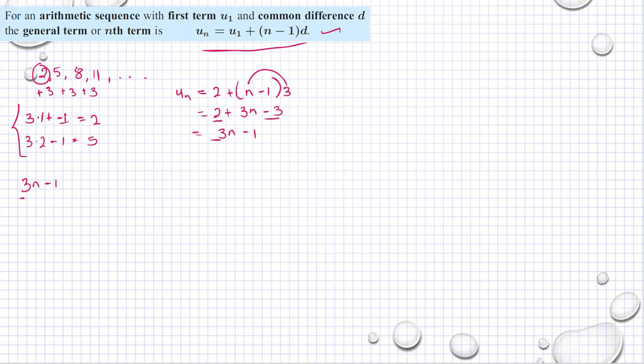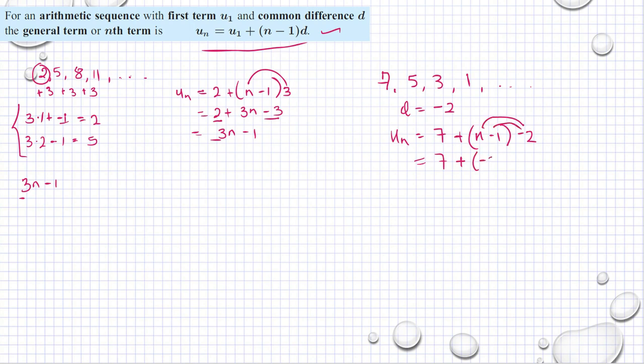Let's take another example. We have 7, and then 5, 3, 1. Our difference here is negative 2. So we have u sub n is equal to the first term, 7, plus n minus 1 multiplied by negative 2. We multiply to both terms.